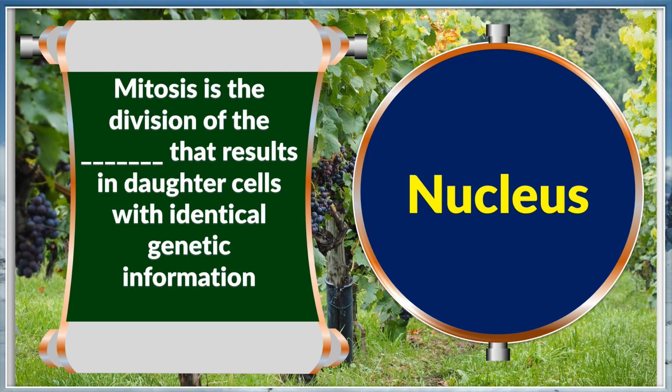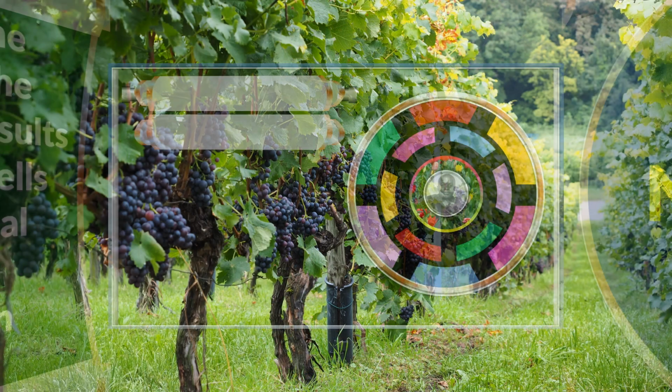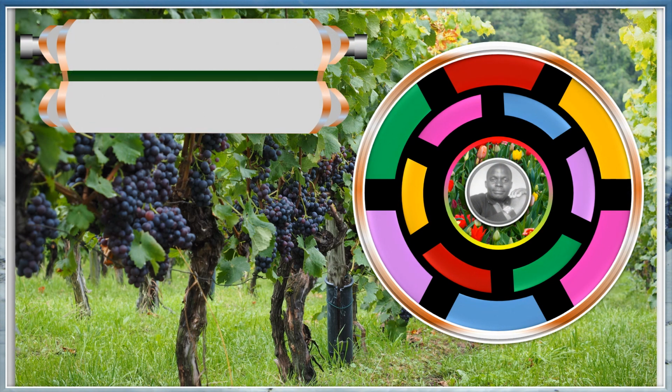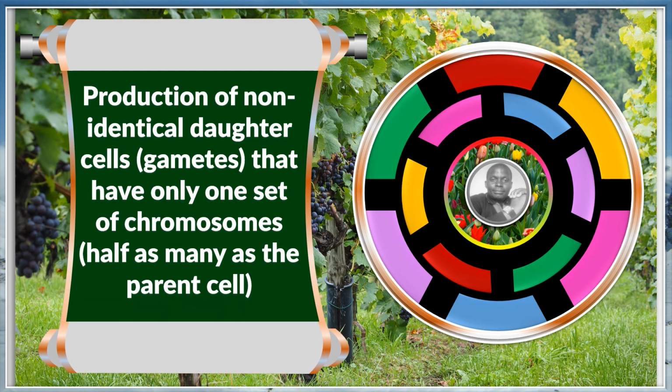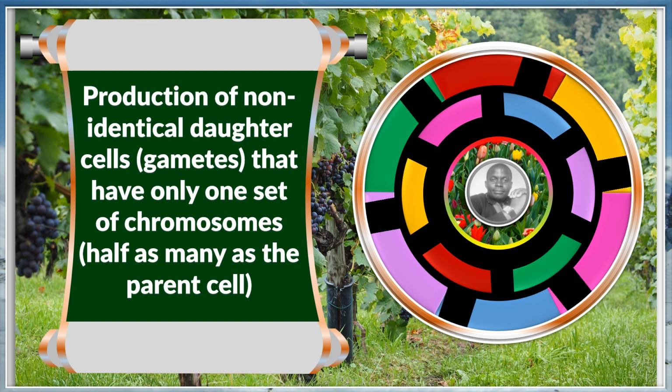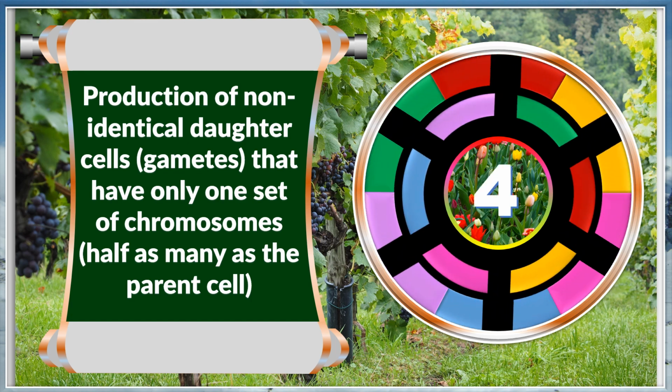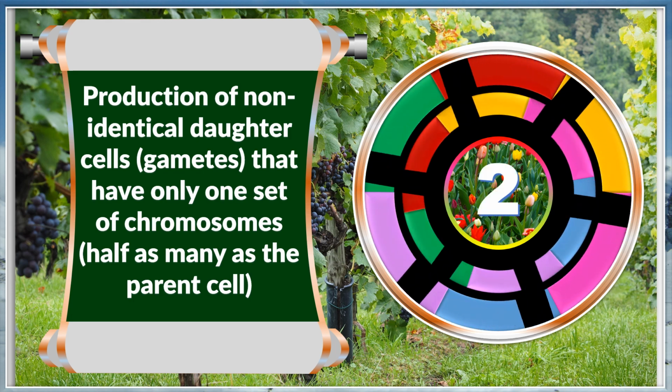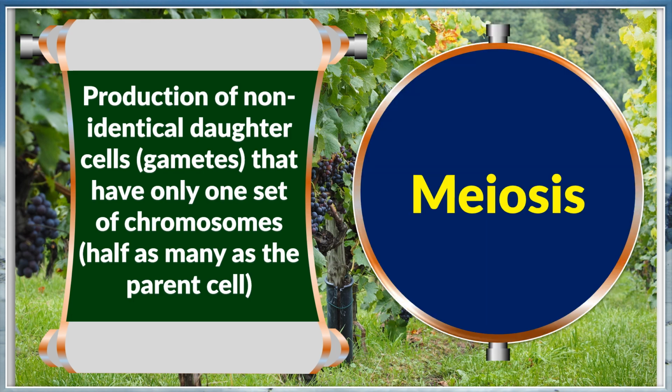Nucleus. Production of non-identical daughter cells, gametes, that have only one set of chromosomes as many as the parent cells. Meiosis.